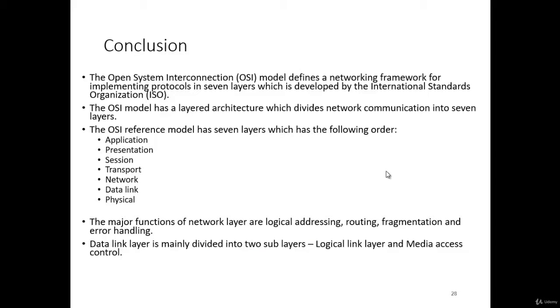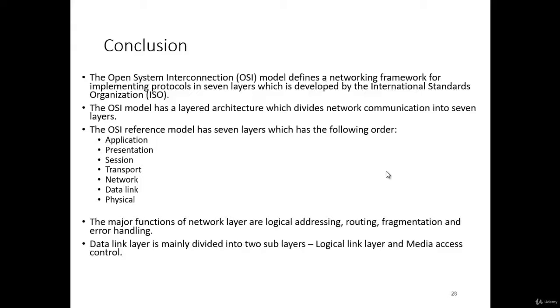The Open System Interconnection model defines a networking framework for implementing protocols in 7 layers, which was developed by the International Standards Organization. The OSI model has a layered architecture which divides network communication into 7 layers.